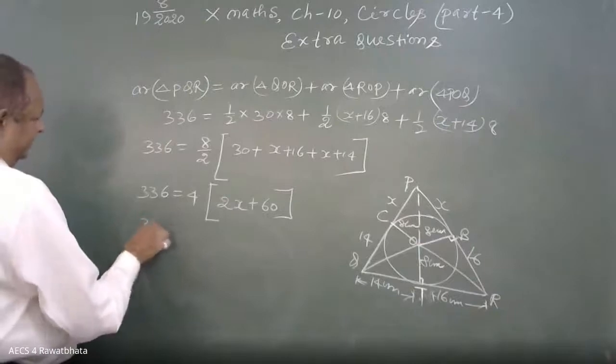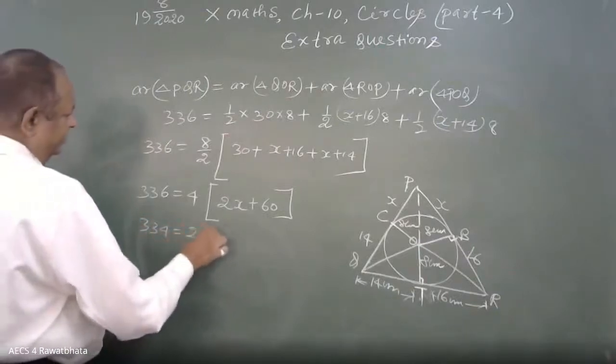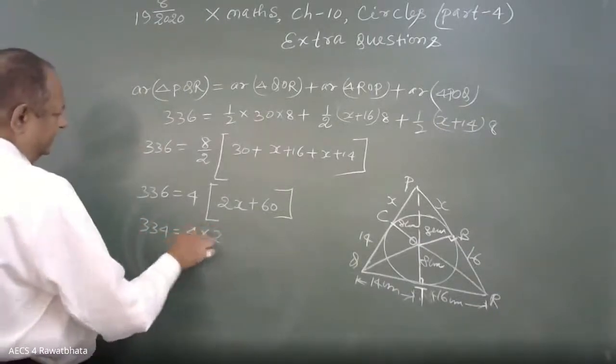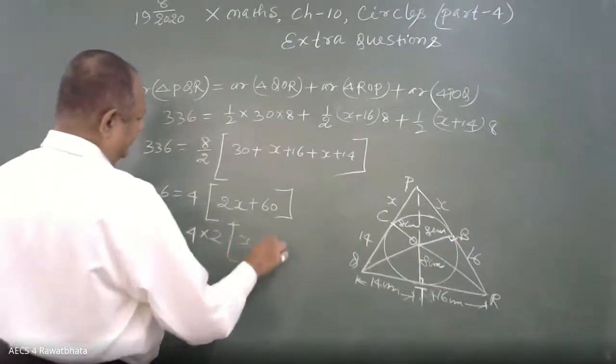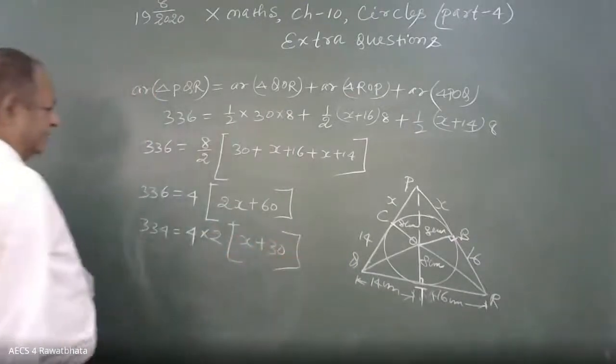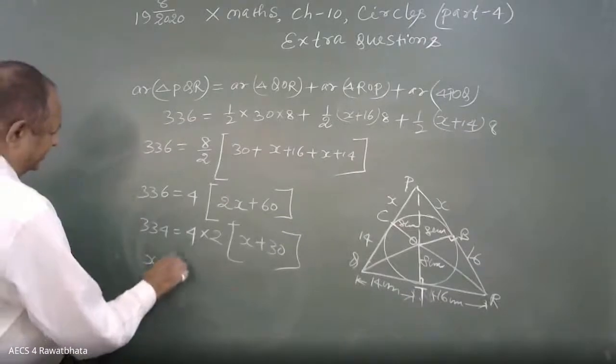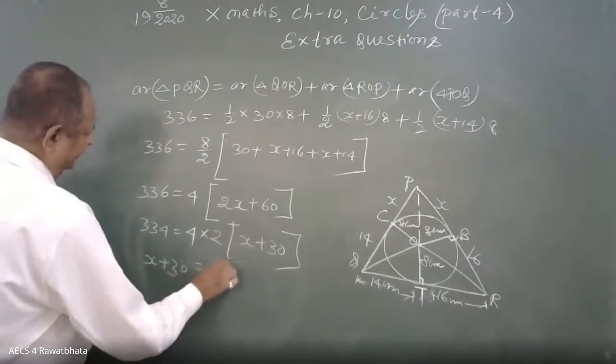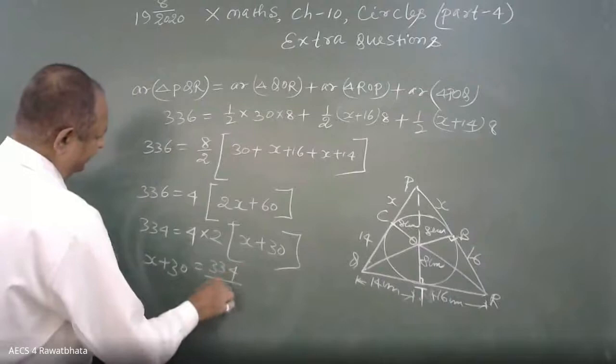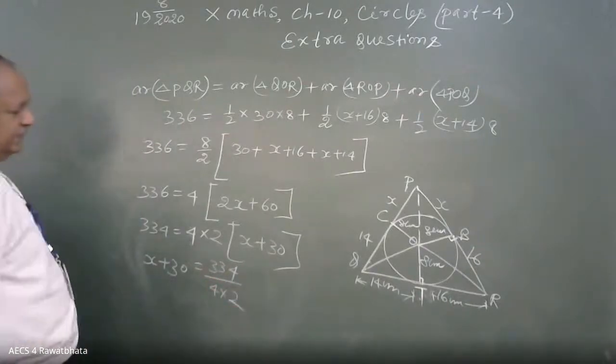So 336 is equal to 4 into 2, again 2 is common. This can be written as x plus 30. Now x plus 30 will be equal to 336 by 4 into 2.